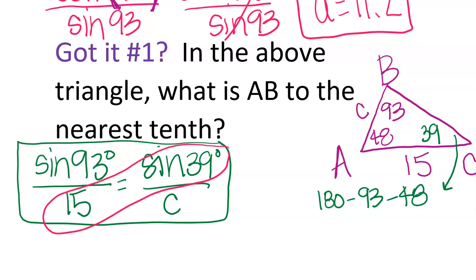You always form an X. So I'm going to do this part first, and divide by the part that is not in the circle. So it's 15 sine 39 divided by sine of 93. That's what I'm actually typing in. I'm going to write it down, but usually I do not.